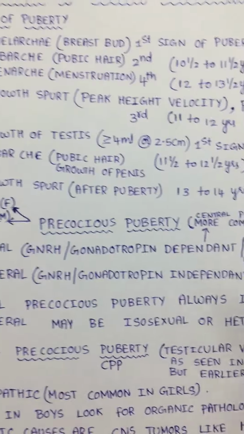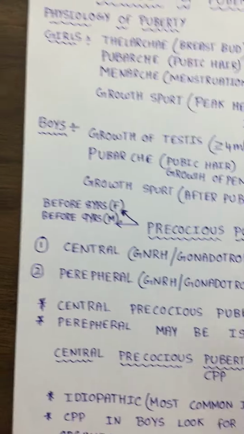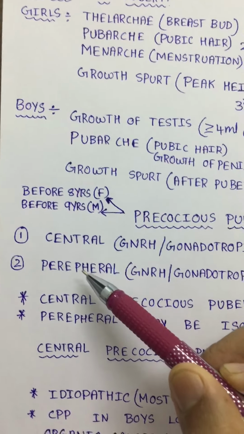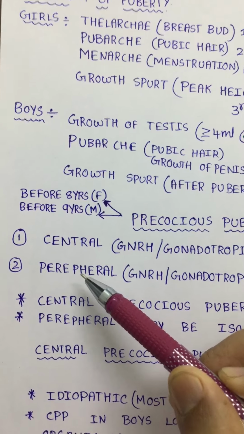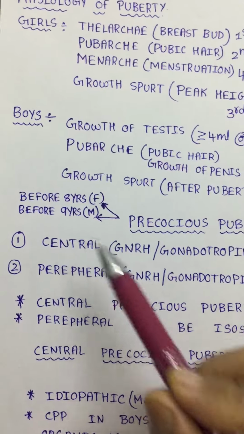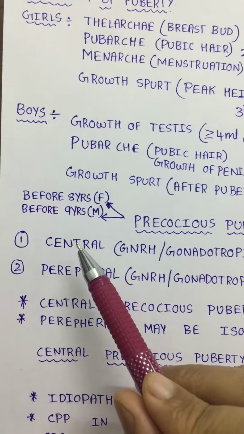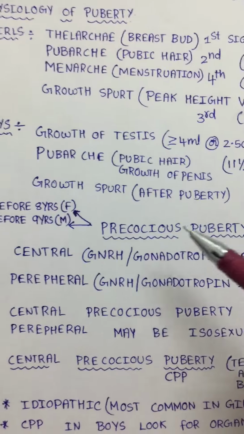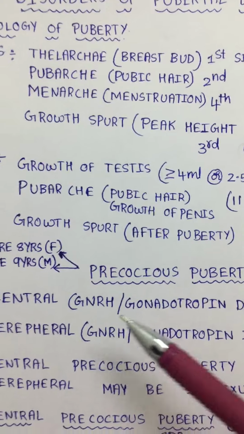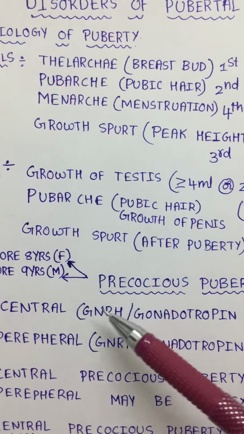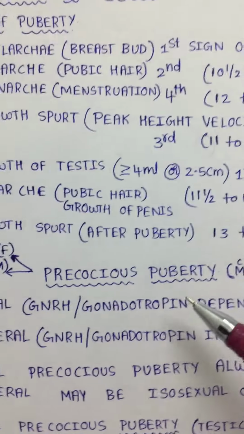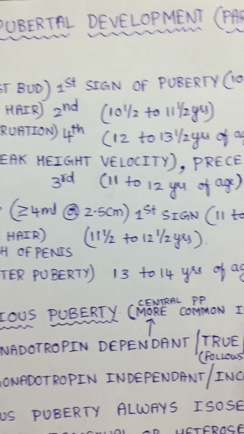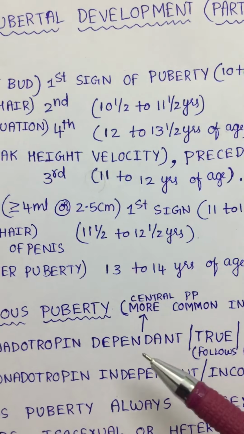Precocious puberty can be divided into two types: central and peripheral precocious puberty. Central precocious puberty is GnRH, meaning gonadotropin releasing hormone, or gonadotropin dependent precocious puberty.